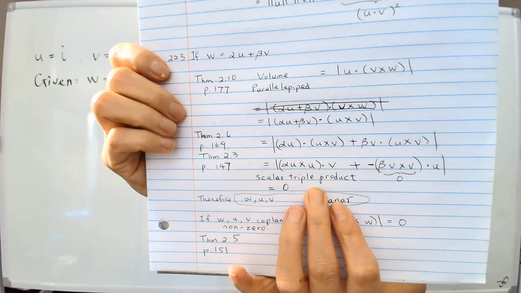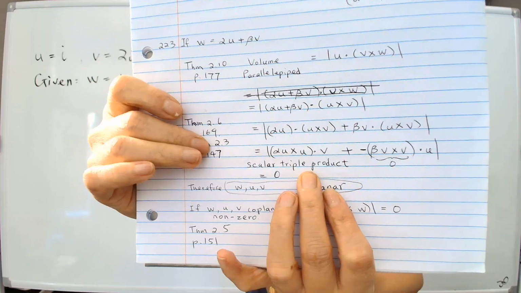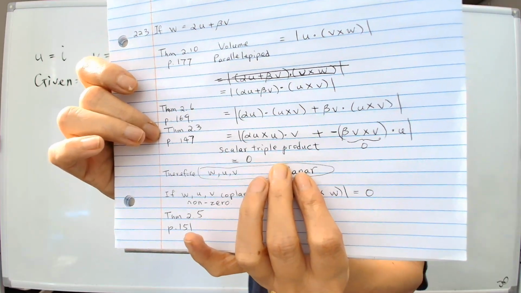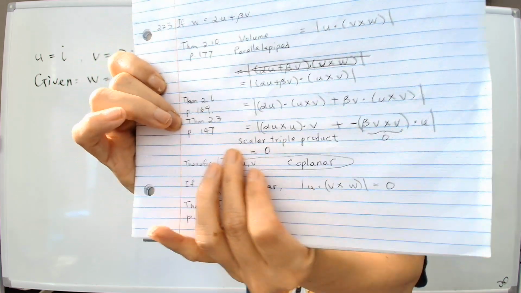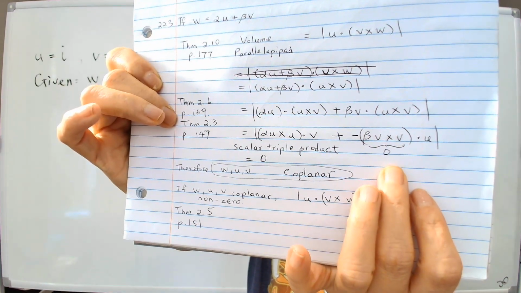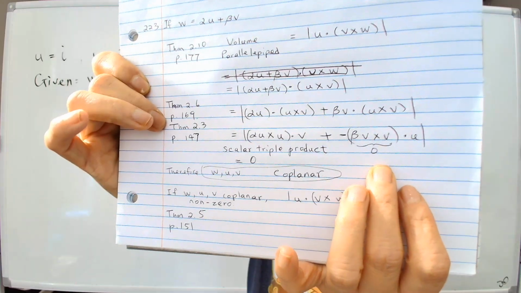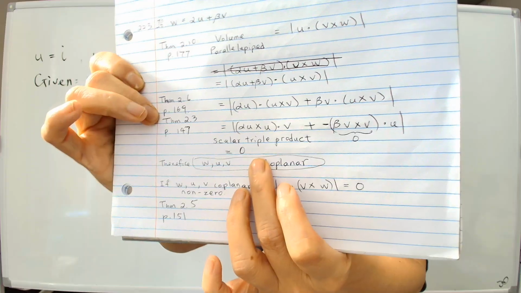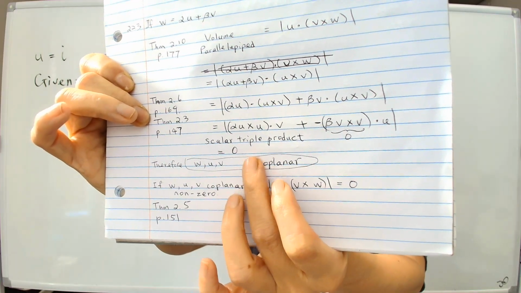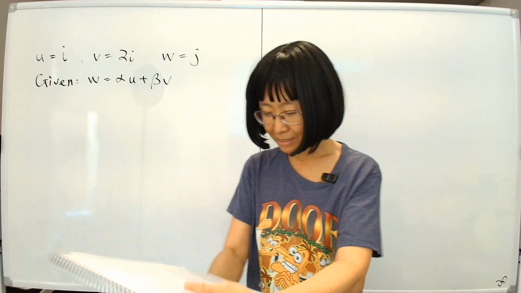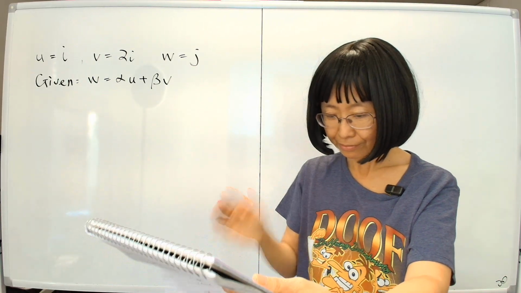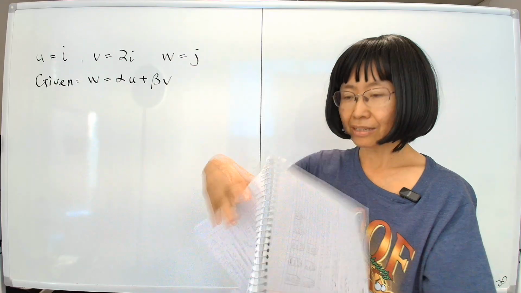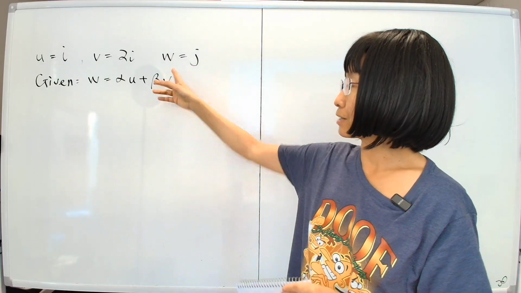Once you write it out, you have something like alpha u cross u, by using the theorems on cross products, and whereas this one over here, you end up with beta v cross v, and the cross product has the neat property of becoming 0 when things cross themselves. So it all collapsed, and therefore it is coplanar. So that part goes pretty nicely. Now the other direction, however, is the part that I was having a problem with.